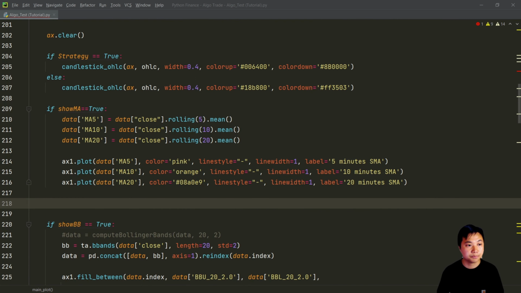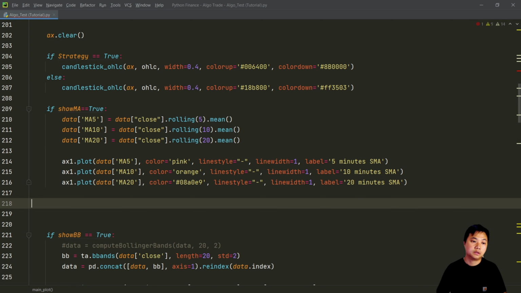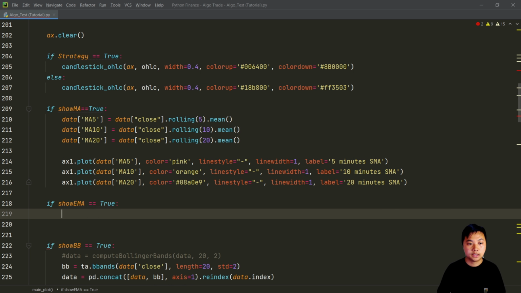So there's a little bit of difference in terms of the definitions. So if someone would like to use the EMA, I will just allow them to do so. And for this one, this is show EMA.